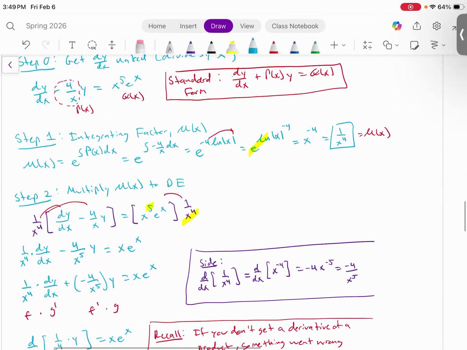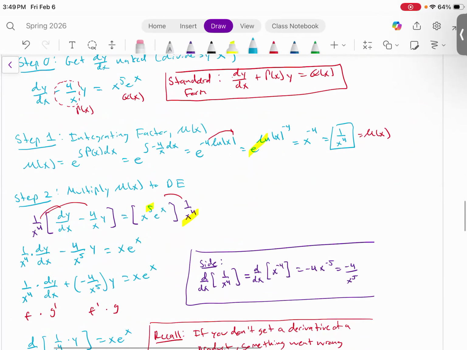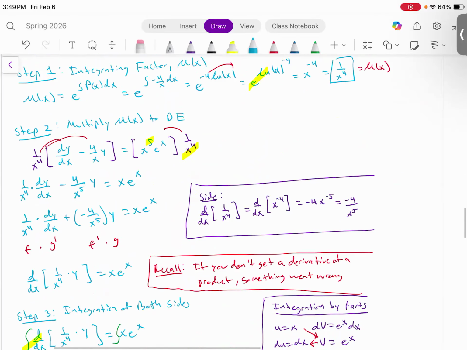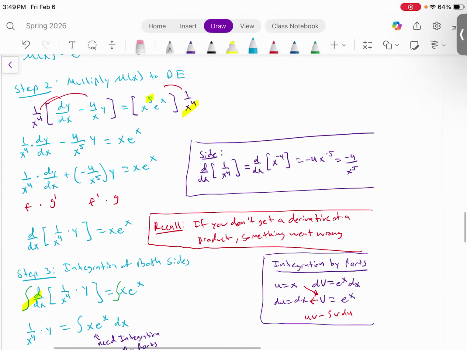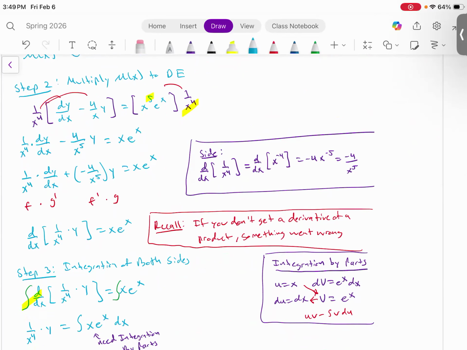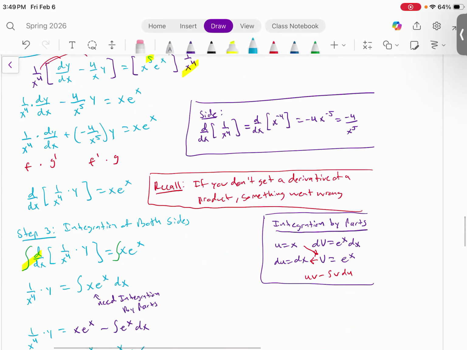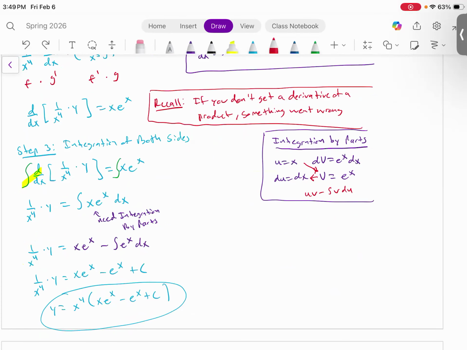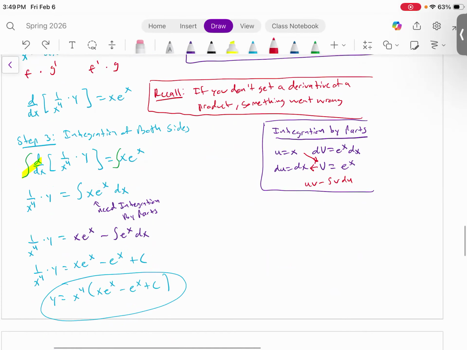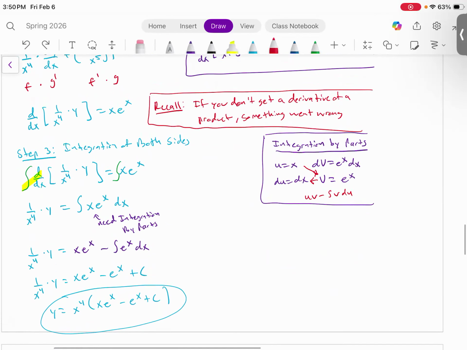We need to get our integrating factor, multiply our integrating factor to both sides, recognize that this is the derivative of some product, and rewrite it into some derivative of a product like this. That's always the indicator. And then step three, integrate both sides and solve for y. Okay, so that's another example.